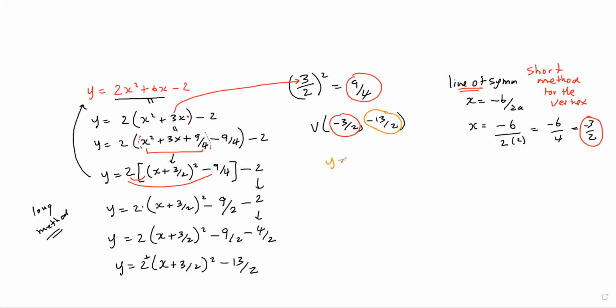So y would equal 2 times minus 3 on 2 squared plus 6 times minus 3 on 2 minus 2. And if you simplify that, you'll get this number here. I'm not going to do that, but you can try yourself. Minus 13 on 2. So that will give you the vertex that way as well. So this is the short way for your vertex.